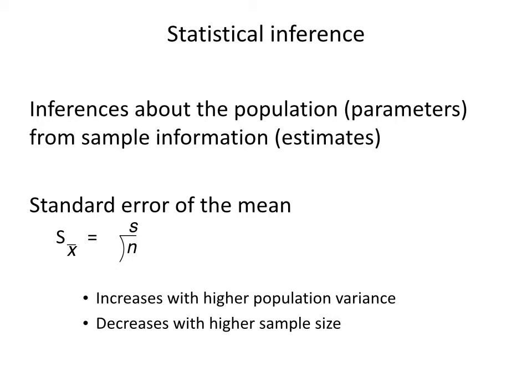It reflects the reliability of the sample. I guess it inversely reflects reliability in that it's an indication of the error component in that information. So lower standard error of the mean means that the information in the sample is more reliable. And there are only two terms there, so you can see that the standard error of the mean increases with higher population variance, and it decreases with higher sample size.